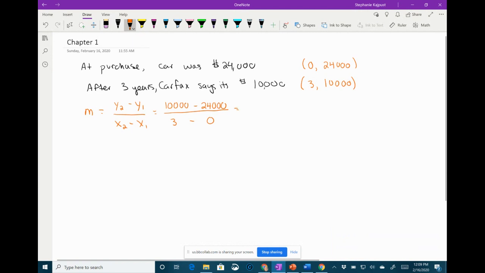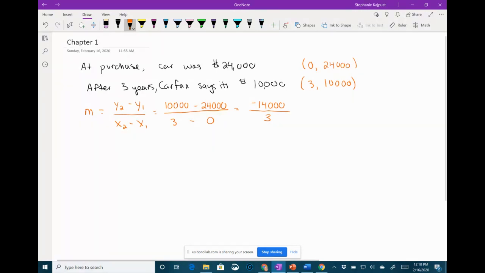So 10,000 minus 24,000 gives us negative 14,000, and then it's over 3. So I'm going to grab my calculator because I want to divide this out to figure out what the actual slope is.